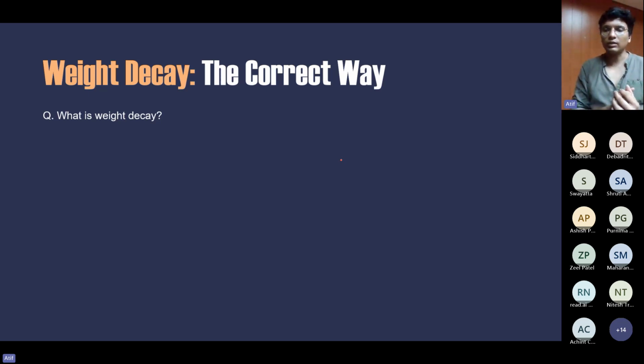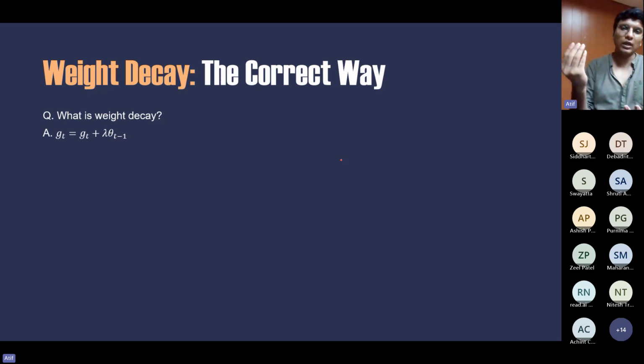Now we come to weight decay. Okay. So what is weight decay? Weight decay is just this. If you have a gradient at the time step t, so G here is the gradient of your network. Okay. So if G is the gradient and theta is the parameters, then all I'm doing is I'm multiplying a lambda factor to theta.